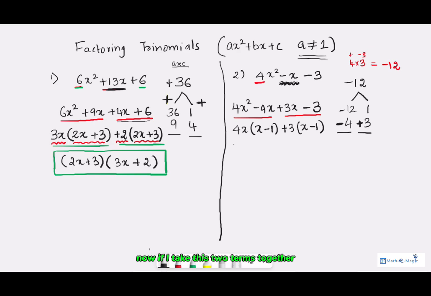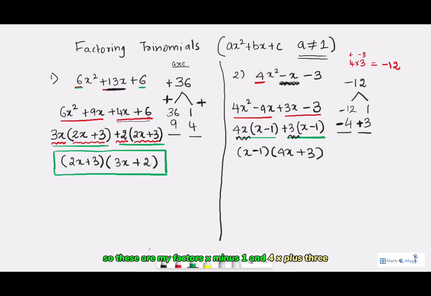Now if I take these two terms together, I see that 4x plus 3 can be factored out here. So 4x plus 3, and then what remains from here is x, and what remains from this term is negative 1. So these are my factors, x minus 1 and 4x plus 3.